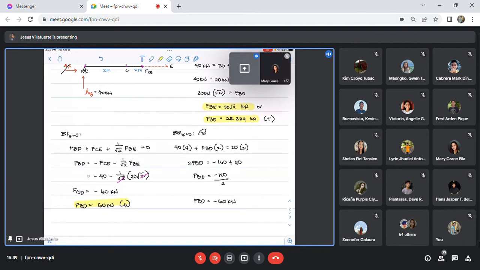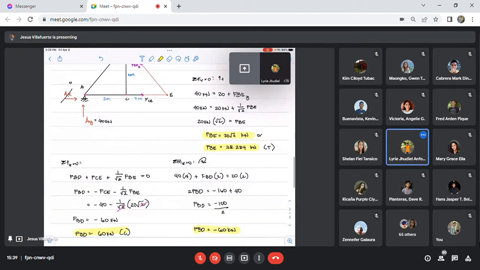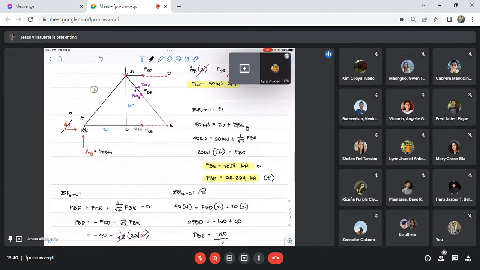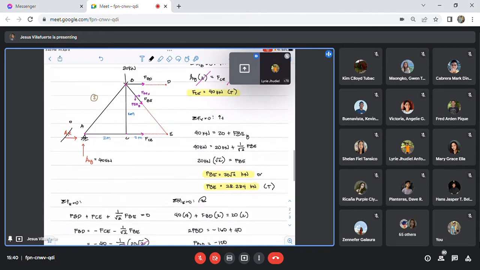So it's the same answer. Pwede na siya mag-summation of moment at E para makuha ang FBD. You can take summation of moment at E, or you can take summation of forces horizontal or summation of forces vertical.